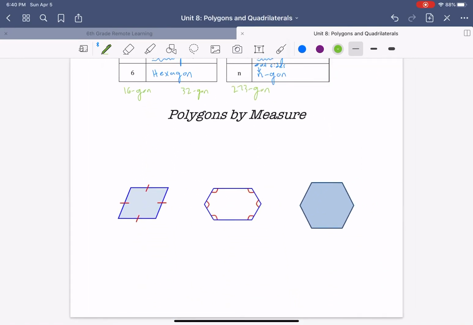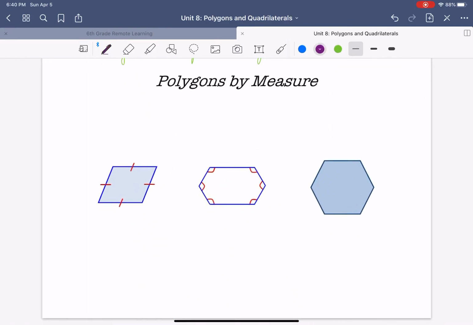And then by measure, this right here, so you can see these markings where all the sides are congruent. That is called equilateral. Lateral, all sides congruent.